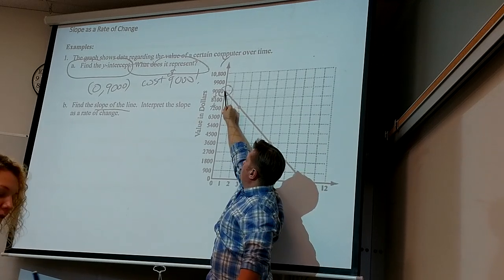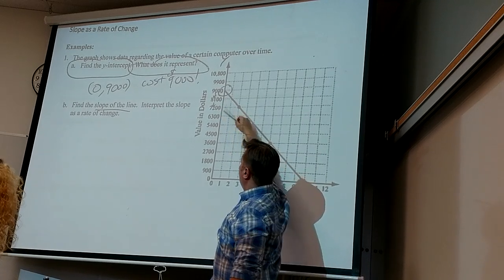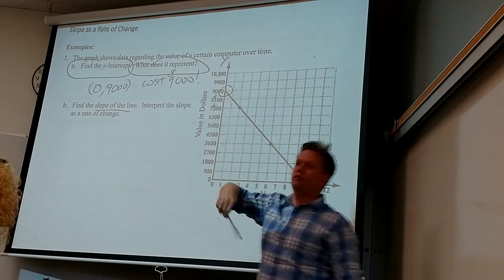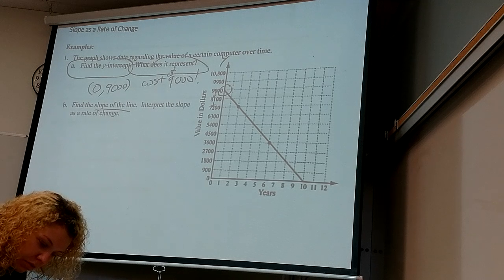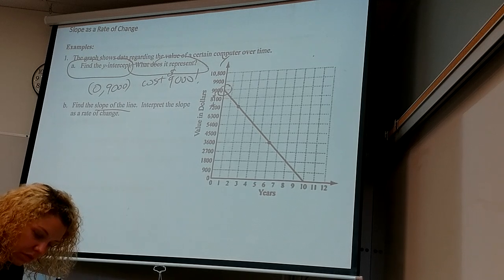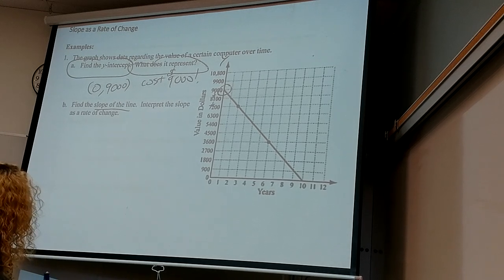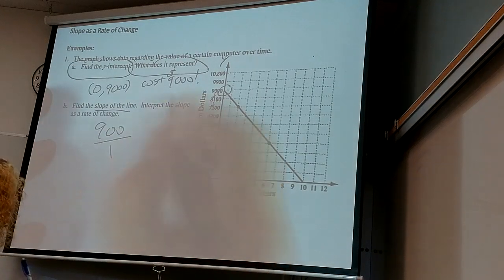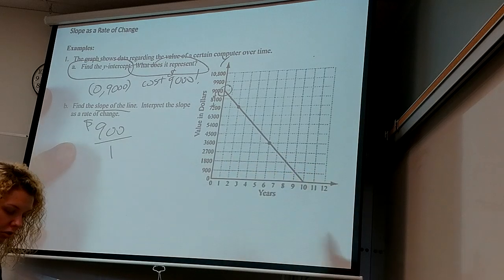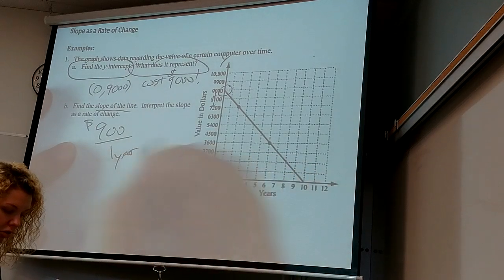So if you go down 900, you go over 1. Don't say steps, 1 step, 2 steps. You better bring in how big each step is. So it's 900 per 1. 900 what? $900 per year. What does that mean?